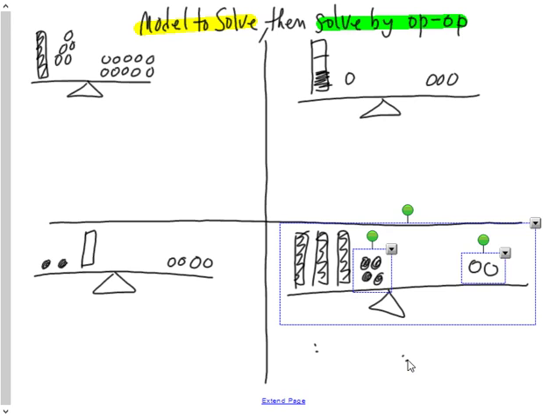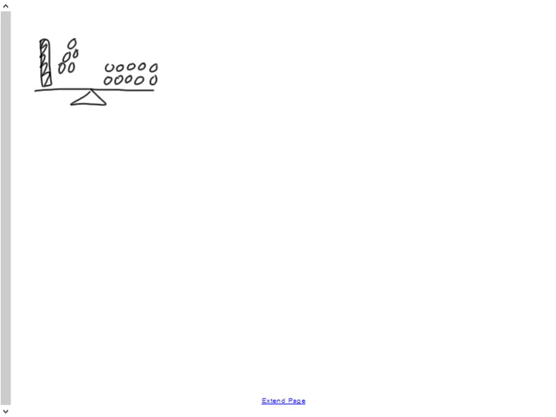So the first question is this picture here. If I was to interpret it, it says x and a negative 5, or minus 5, is equal to negative 10. When we have equations, we always have the idea in our mind that we're trying to isolate the variable, or get x by itself.